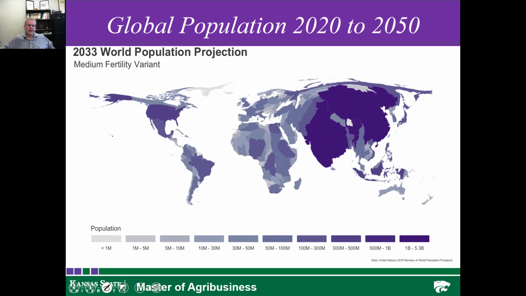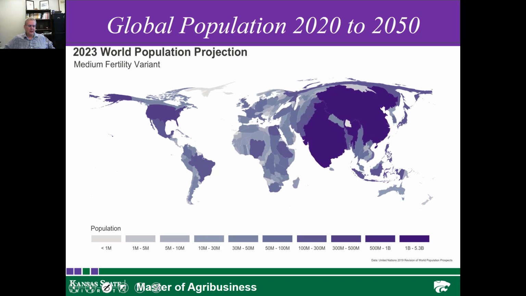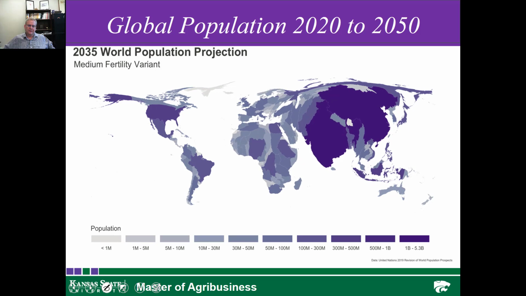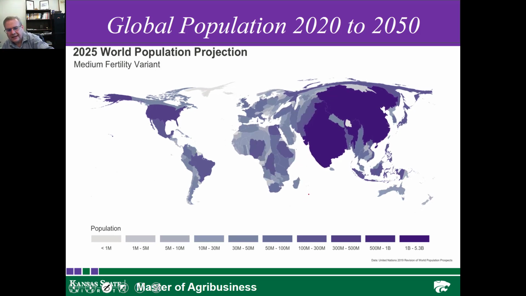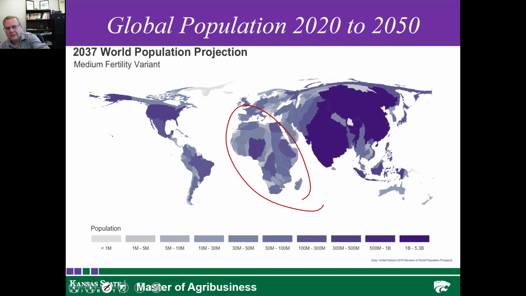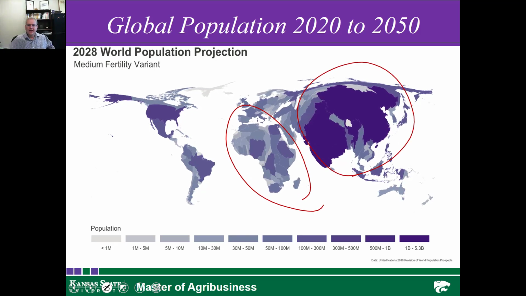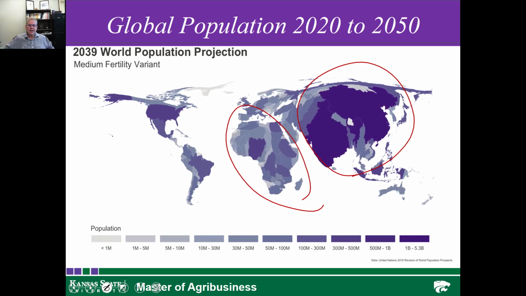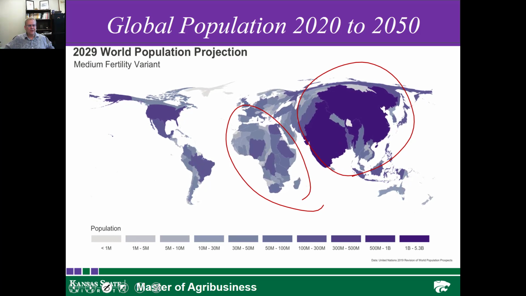If we look at where we are in what your working lifetime will be, we're going to continue to see Africa explode in terms of population. Certainly we see some growth in the Asia region, but compared to Africa, it isn't nearly as fast.